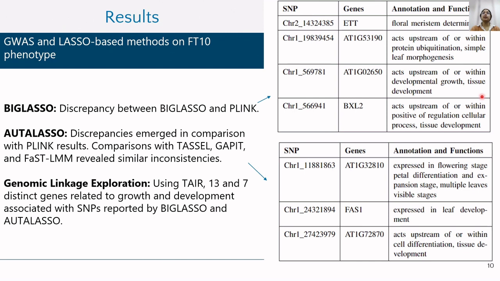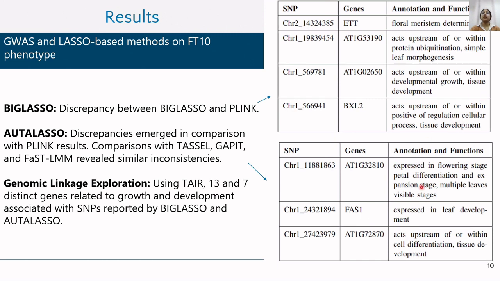Given the disparities between GWAS and lasso-based methods, an in-depth exploration was conducted to assess the linkage of SNPs to genes influencing the quantitative phenotype. Using TAIR website, 13 and 7 distinct genes related to growth and development were associated with SNPs reported by Big Lasso and Iota Lasso.